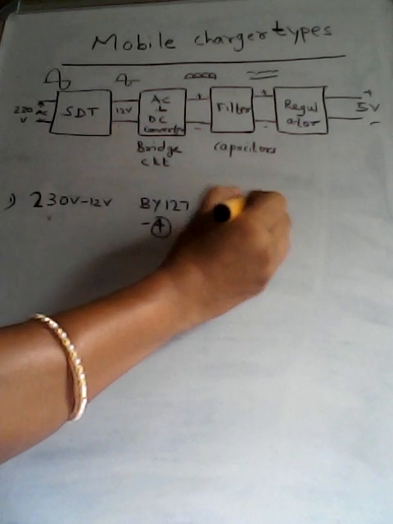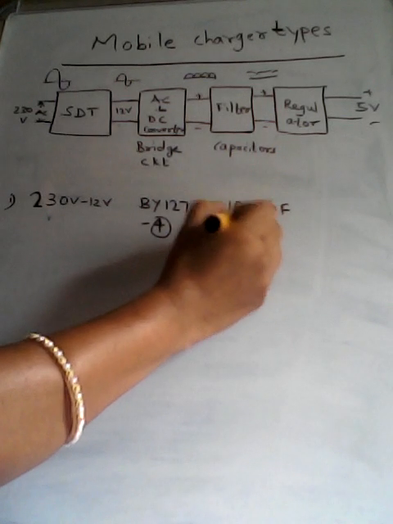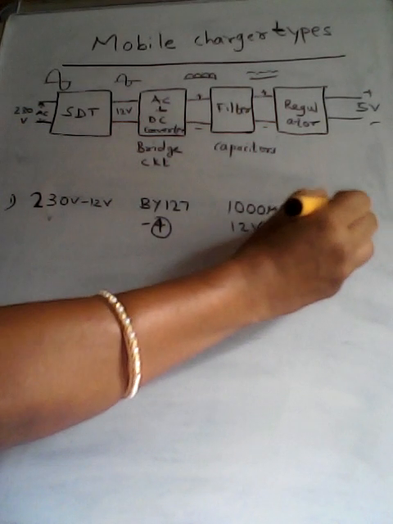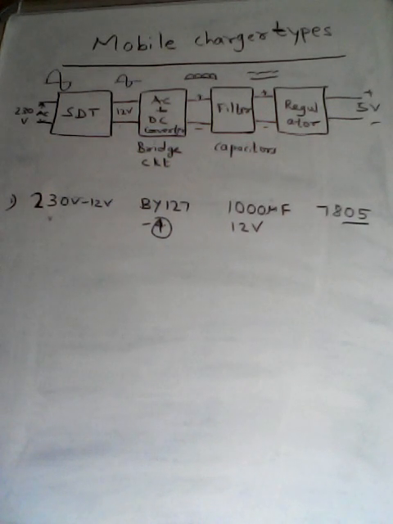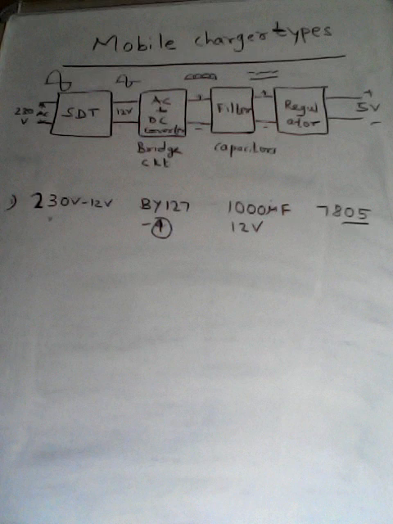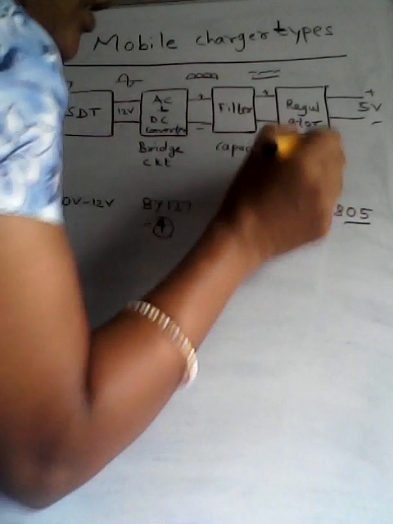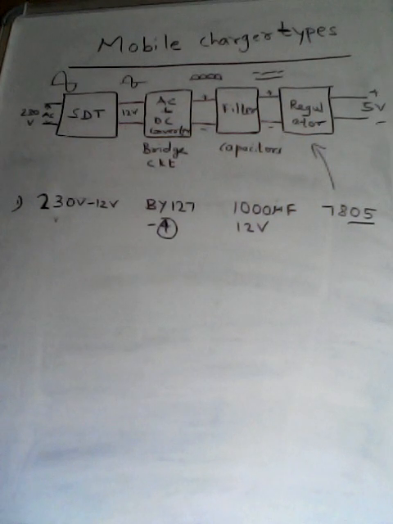And for this filter circuit we can make use of 1000 microfarad 12 volt capacitor, single one, and this regulator we can make use of 7805 IC, voltage regulator IC, which will provide 5 volt constant at its output.